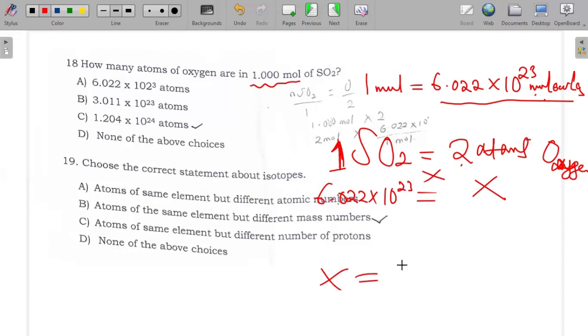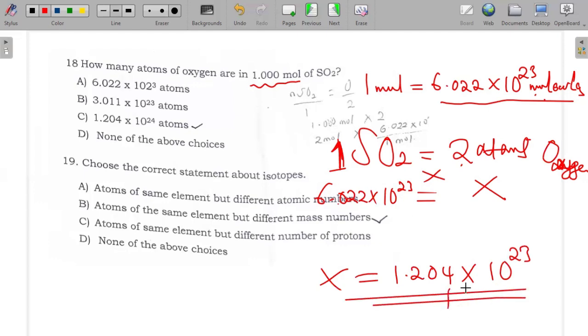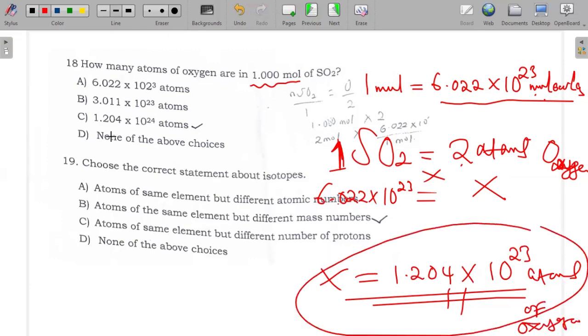So 2 multiplied by this, I'll get 1.204 times 10 to the power 24. That will be the answer that I get. These now will be the atoms of what? Of oxygen. So we go on our options, we select the answer that looks like this. That will be option C.